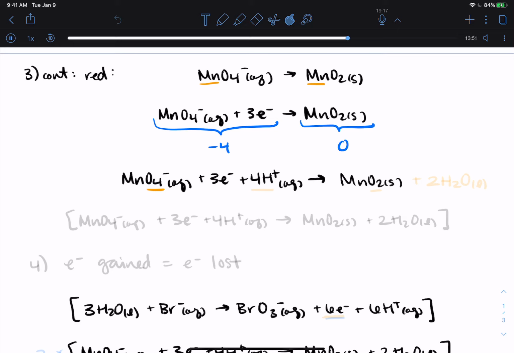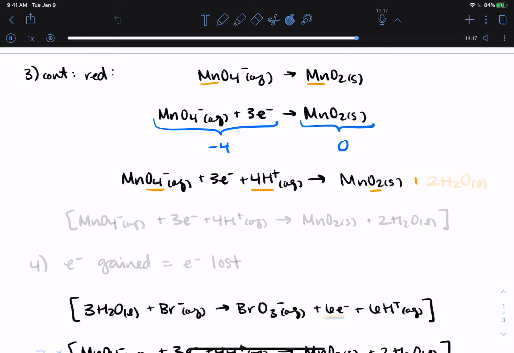And then balance oxygen and hydrogen with H2O. So let's see what I got here. On the right, I've already got 2 oxygens. On the left, I've got 4 oxygens and 4 waters. Well, 4 oxygens and 4 H pluses doesn't perfectly make water molecules, but 2 of my oxygens already show up on the right-hand side.